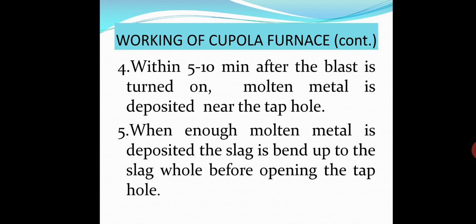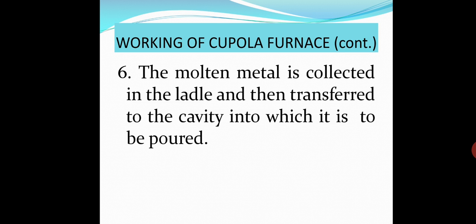When enough molten metal is deposited, the slag is bled off through the slag hole before opening the tap hole. First, the slag hole is opened and the slag is collected, then the tap hole is opened, and the molten metal is collected in the ladle and then transferred to the cavity into which it is to be poured.